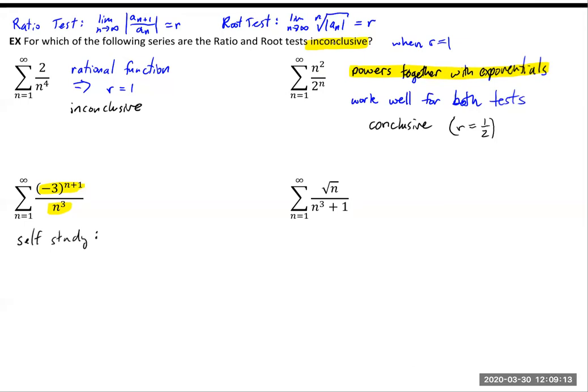You should find that this series behaves roughly like a geometric series with the absolute value of r equal to 3. And so both tests end up being conclusive. In fact, we could also say it's divergent. Oh, and in the previous problem, I guess I should have labeled that convergent.